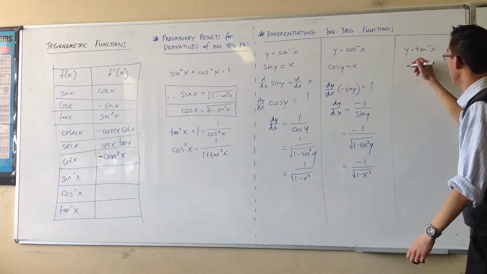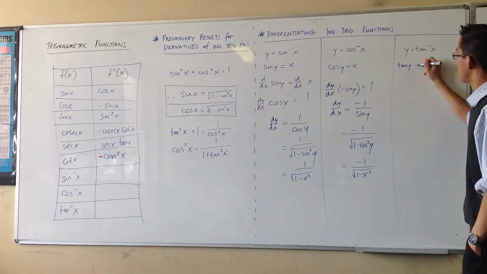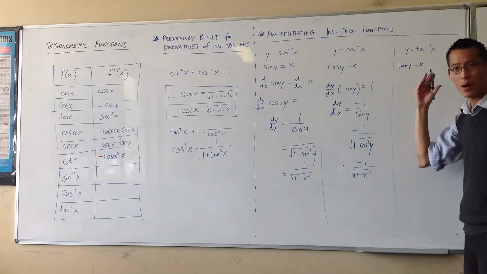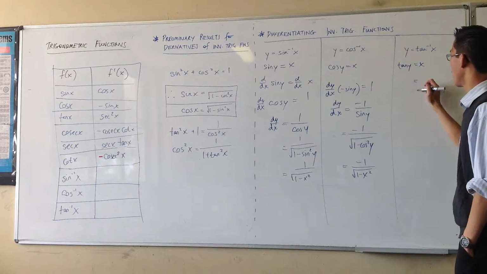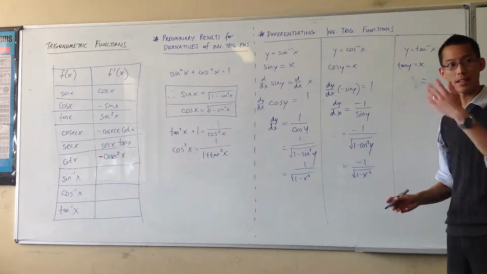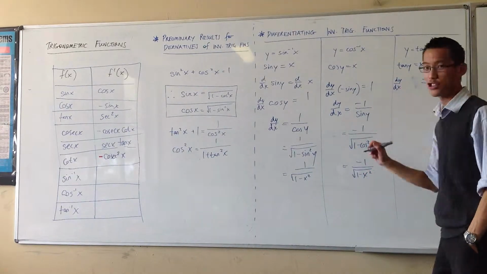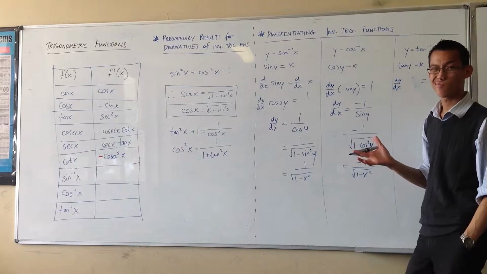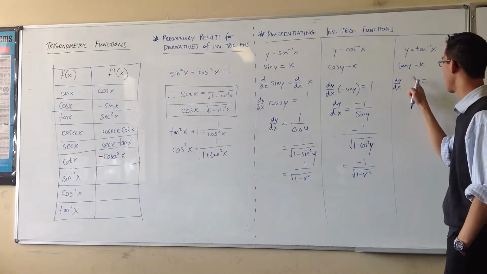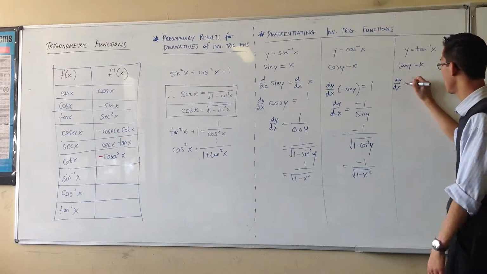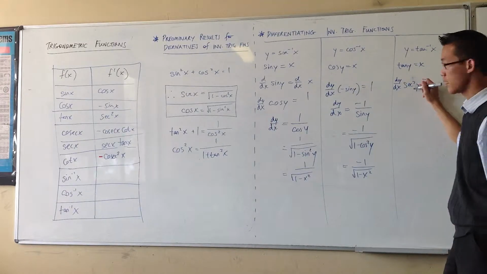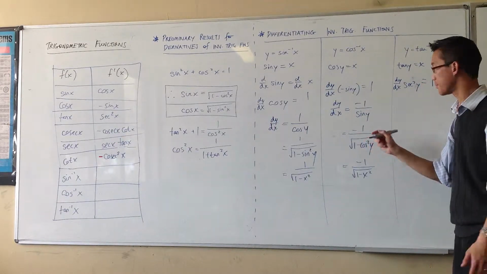Okay, last one. Here we go. Take tan of both sides. And now we differentiate implicitly. So on the left-hand side, I'll do the inside, which gives me dy on dx. Then you do your outside, which gives you sec squared, right? Because it's just tan. So sec squared y. And then differentiating the right-hand side gives you 1.